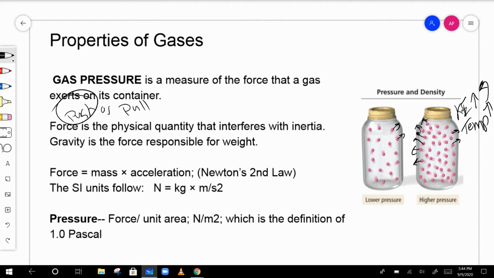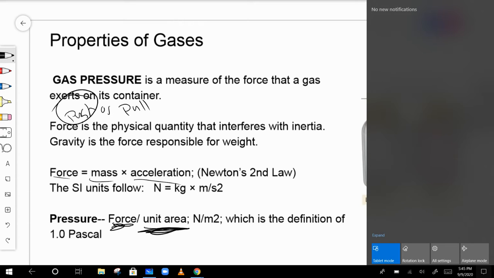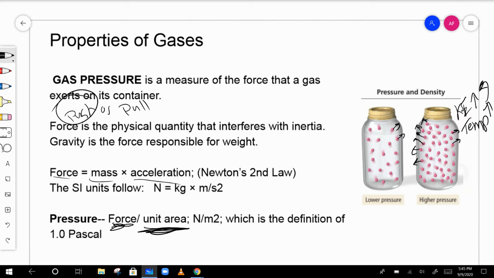That's why we get higher pressures. Again, force equals mass times acceleration. And when we talk about pressure, we're really talking about force per unit area. That's what pressure is.